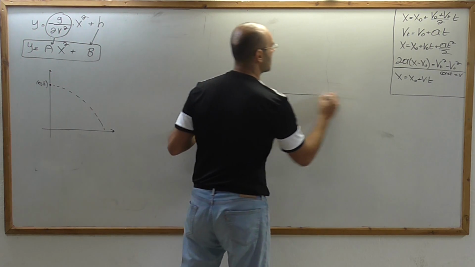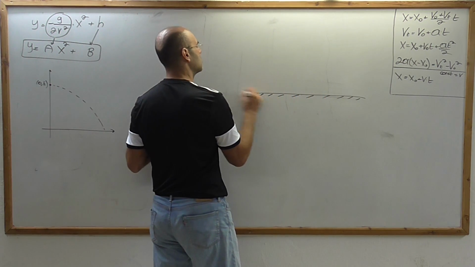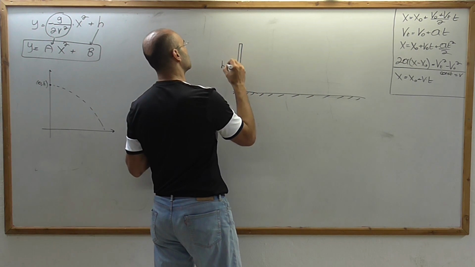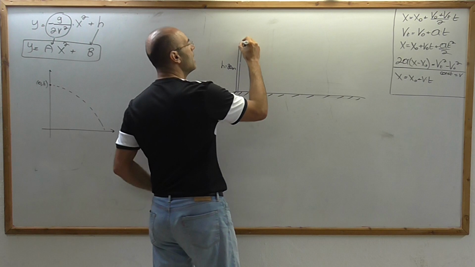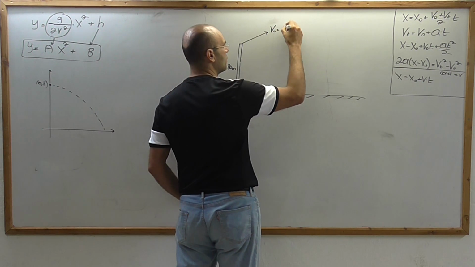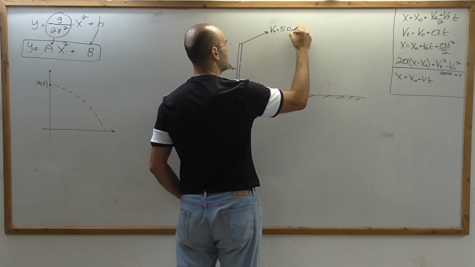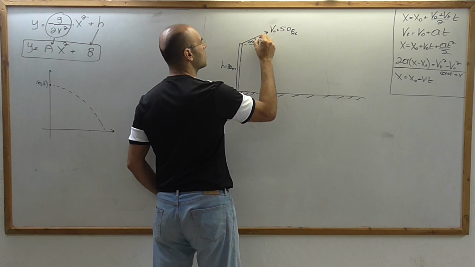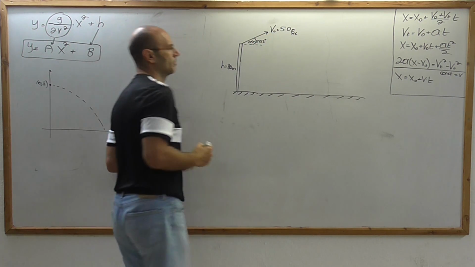Okay, so suppose I have, this is the ground, and this is a tower, h equals, again, 80 meters, and I throw a ball with an initial velocity of, let's say, 50 meters per second, with an angle alpha, 53.13 degrees.